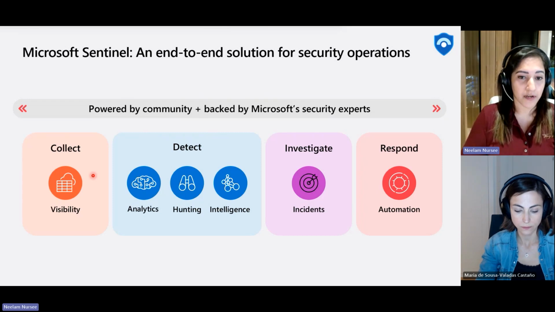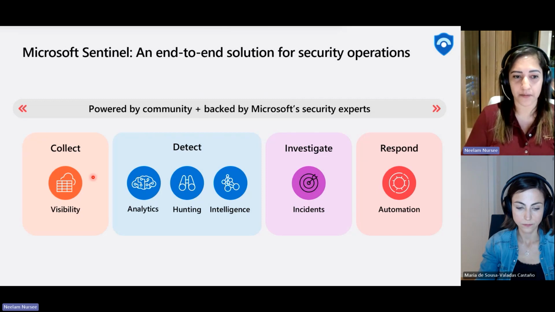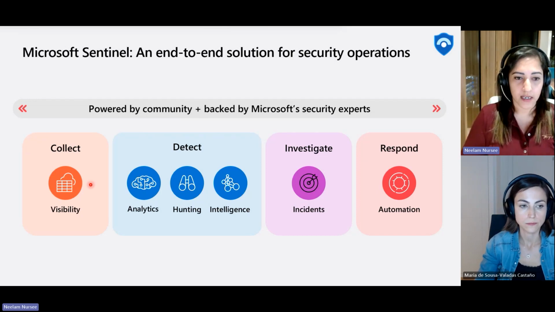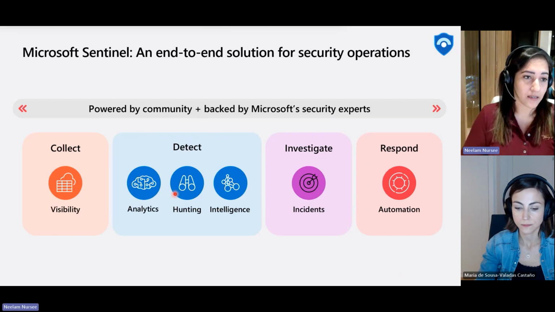Whether it's on premises or in multiple clouds, you can collect logs from your servers, firewalls, logs from Azure and other clouds like AWS or Google Cloud Platform, and even custom logs, like from your applications, for example.